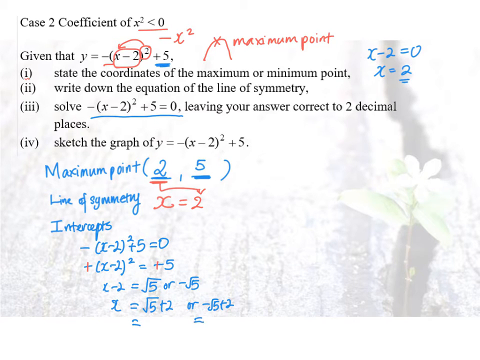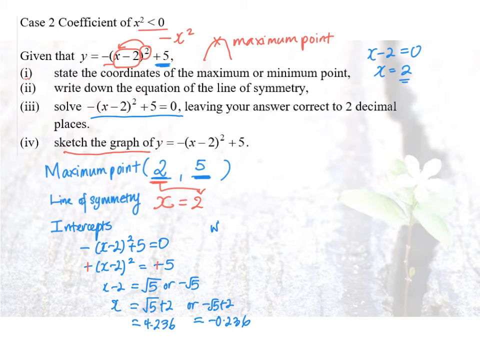And this will give us the numbers 4.236 and negative 0.236. Now we are almost ready to draw our graph. So the next part actually meant to sketch the graph of y equals negative (x minus 2) squared plus 5.